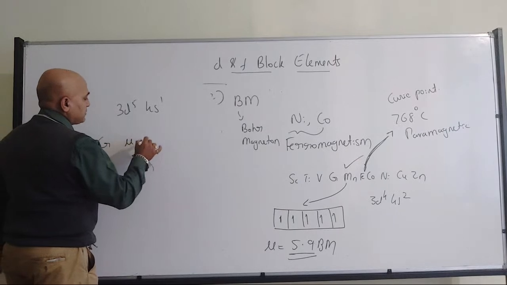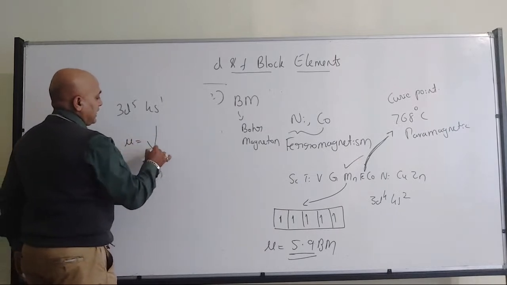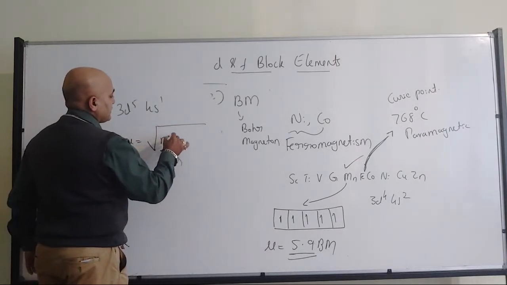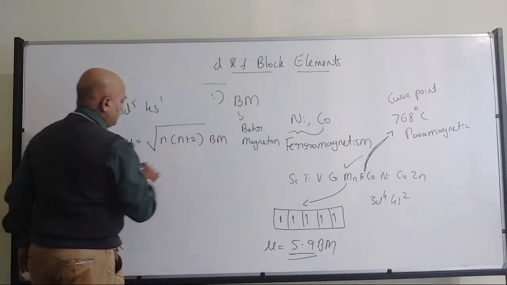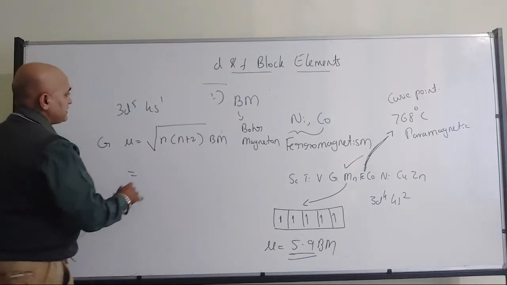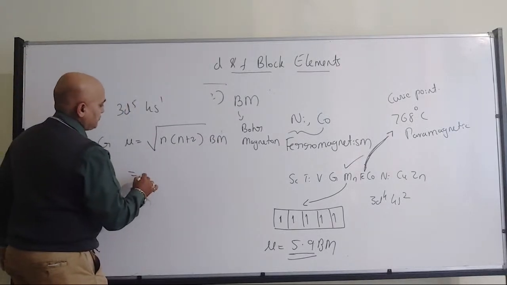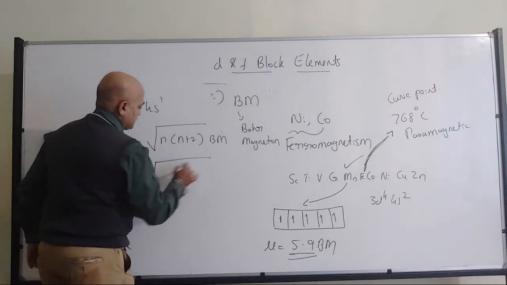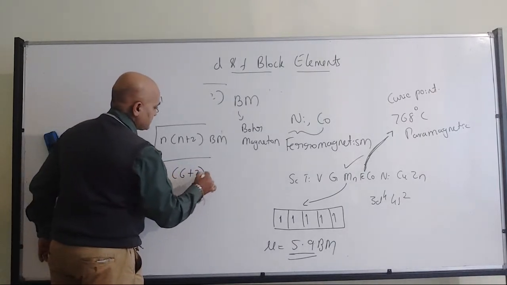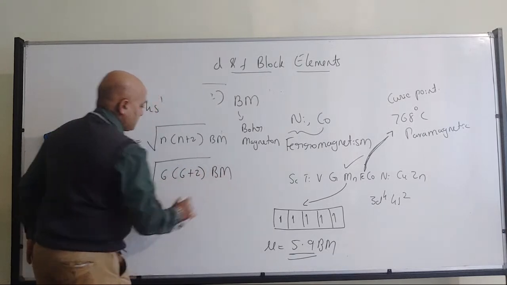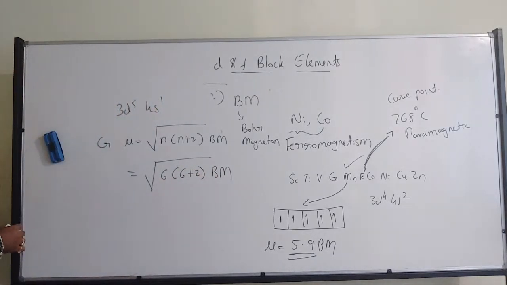So mu is the square root of n into n plus 2 Bohr magneton. What is the n value? It is 6. Oh, it will be more than manganese, as Mayank told, if I consider the s subshell electron.